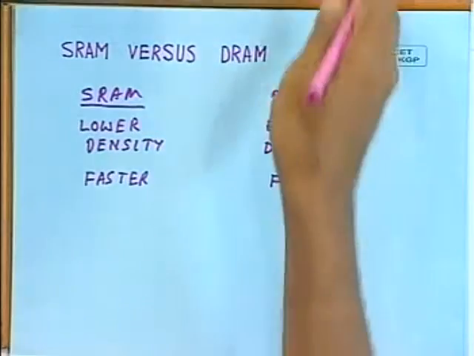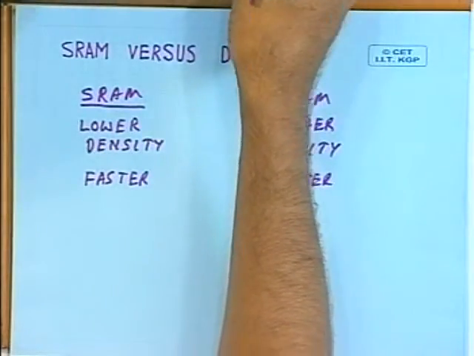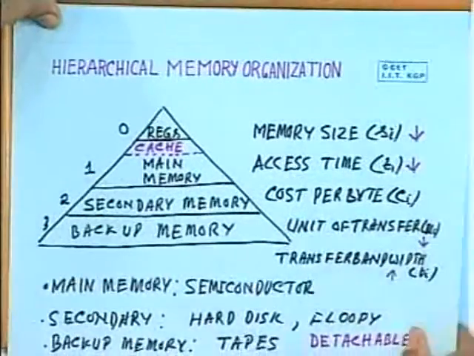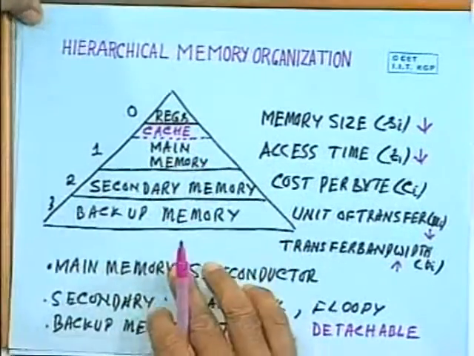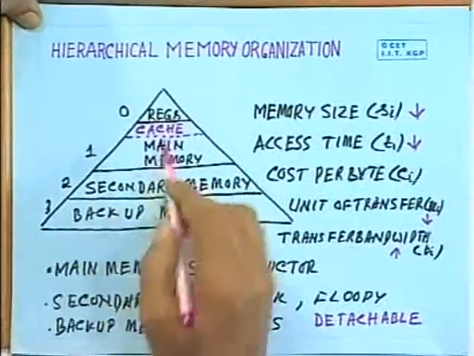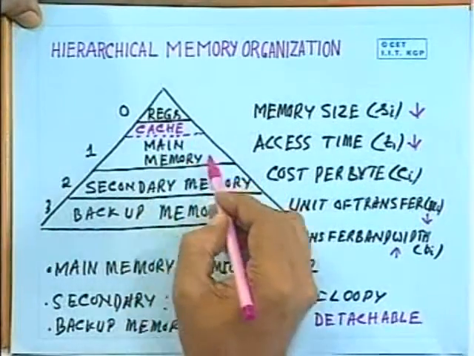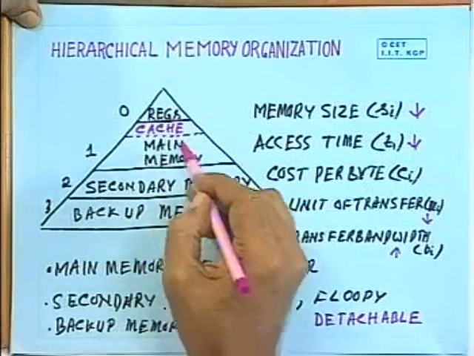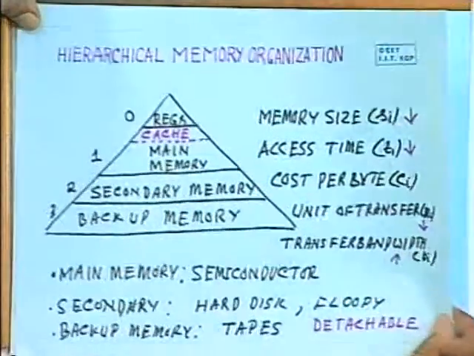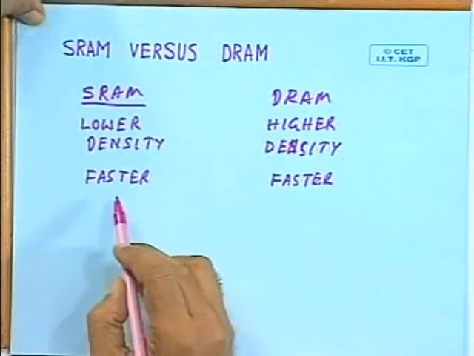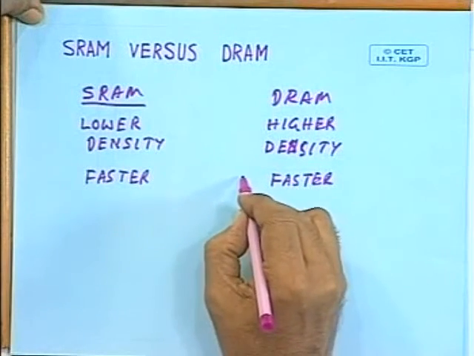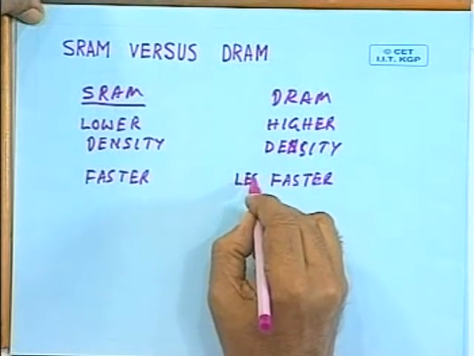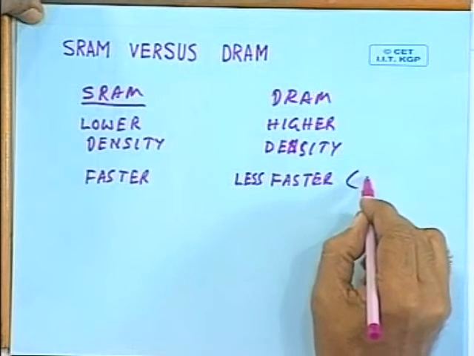And that is the reason why in your hierarchical memory organization you will find the cache memory is realized by using SRAM. On the other hand, in most of the computer systems, the main memory is implemented by using dynamic RAM. So it is less faster, or you can say slower.